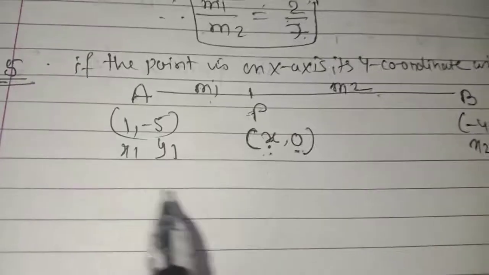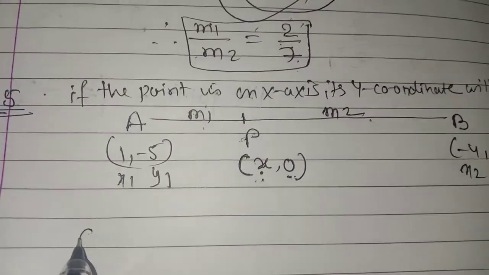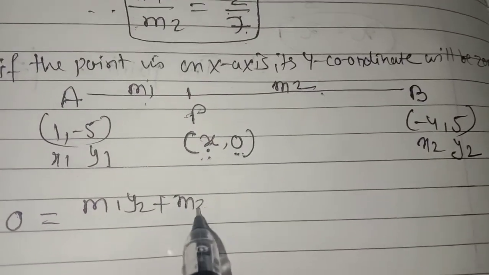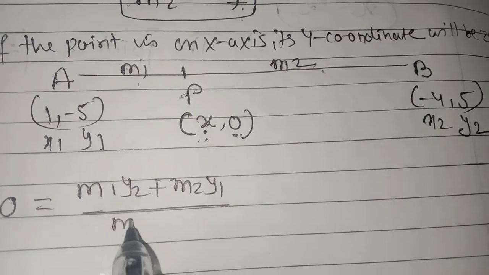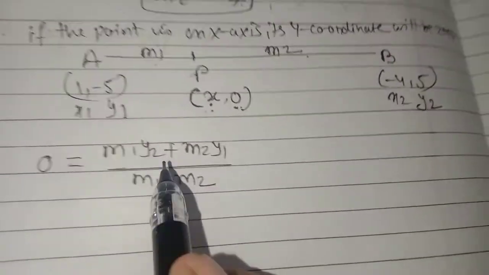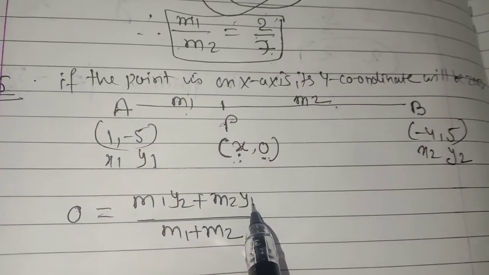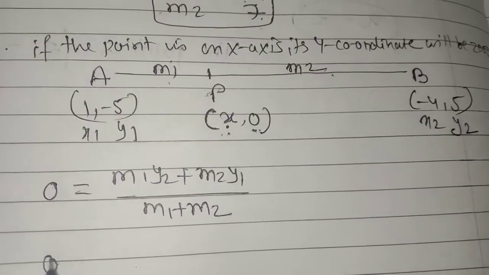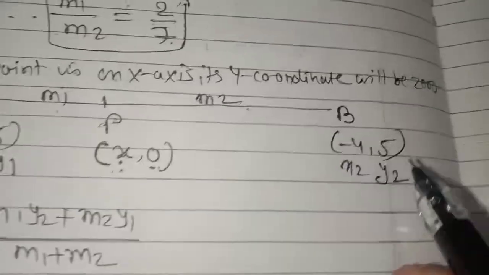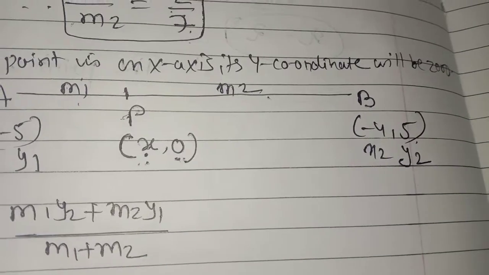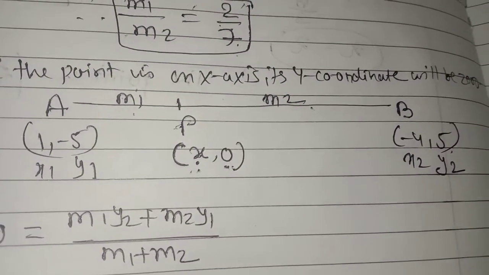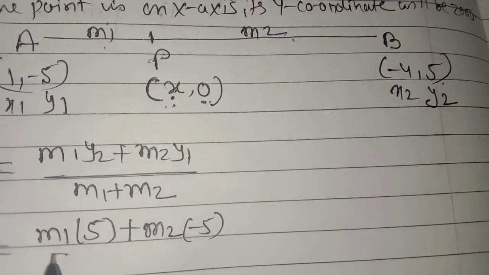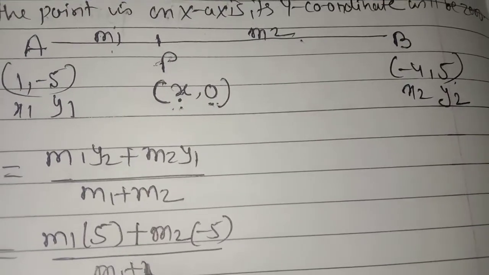And how? See here, we will write 0 is equal to M1 y2 plus M2 y1 upon M1 plus M2. Clear? Internal division formula that we have done in 2 or 3 questions. Now again, 0 is equal to M1 is unknown, but y2 is given here 5, plus M2 is unknown and y1 is given as minus 5, upon M1 plus M2.